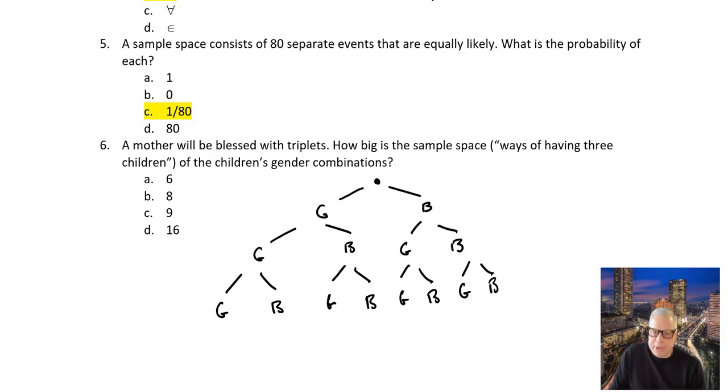So the sample space is the set of girl, girl, girl, girl, girl, boy, girl, boy, girl, girl, boy, boy, so now we are done with the first one being the girl, so now we have boy, girl, girl.